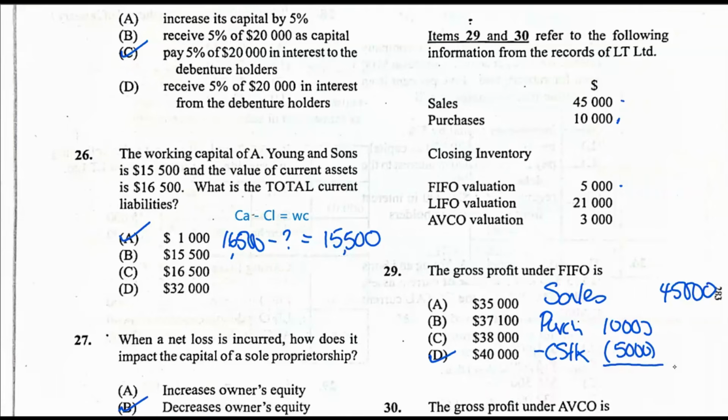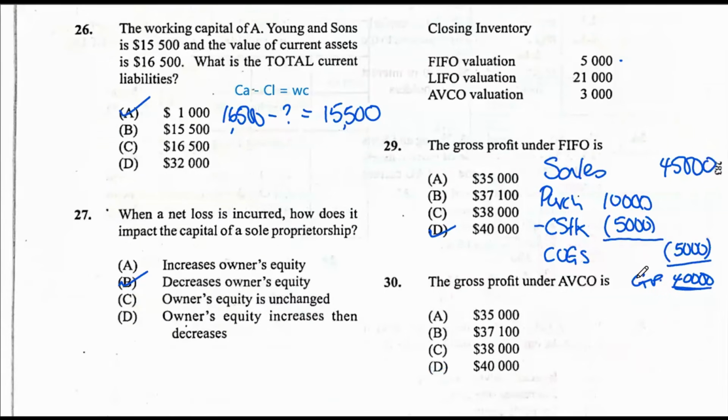So it would have meant that the cost of sales would have been 5,000 here. Good. Therefore, gross profit would have been 40,000. And that was it there. Simple like that, guys. Check it out.